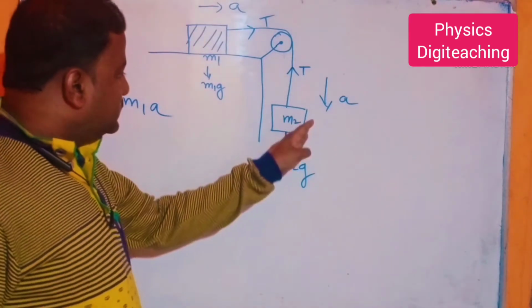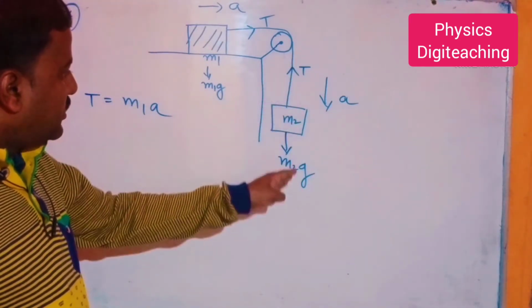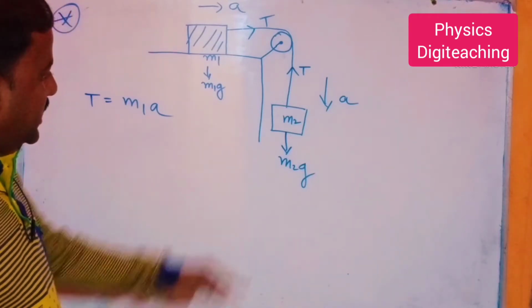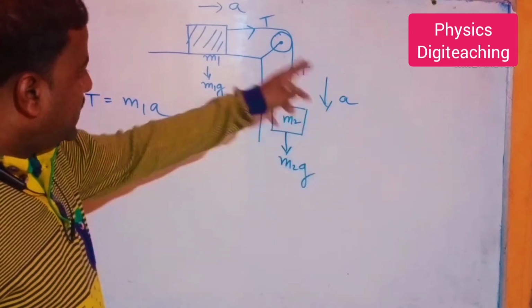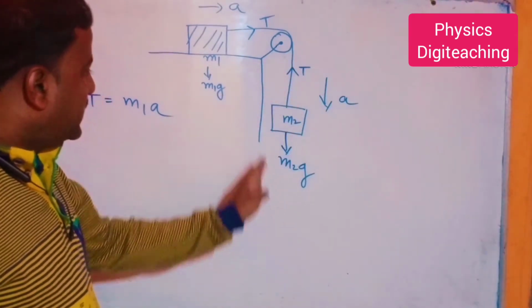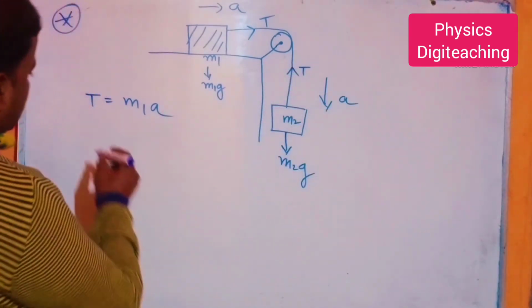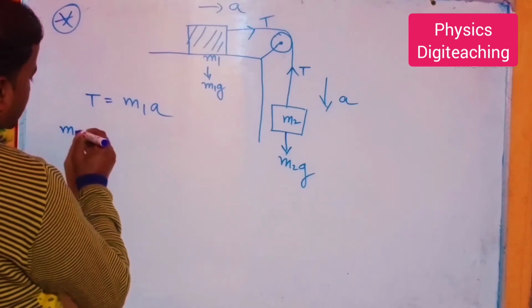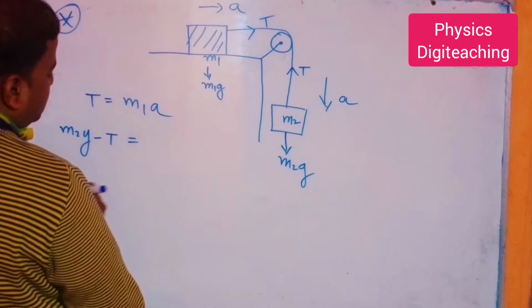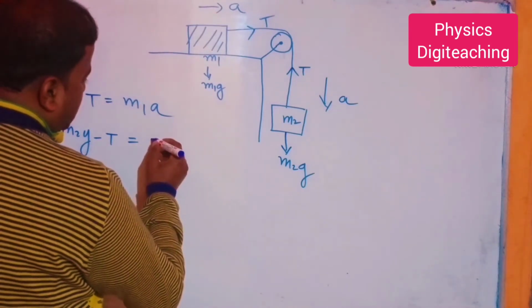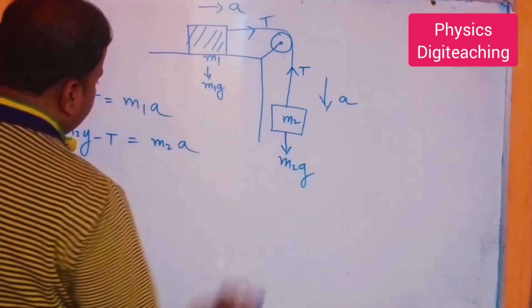Here two forces act on the body m2, m2g downward and T upward. Therefore the net force is downward as the body moves downward, and this is m2g minus T equal to mass into acceleration, that is m2 into a.